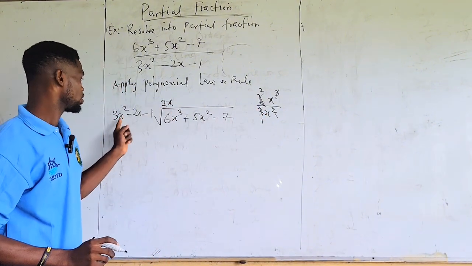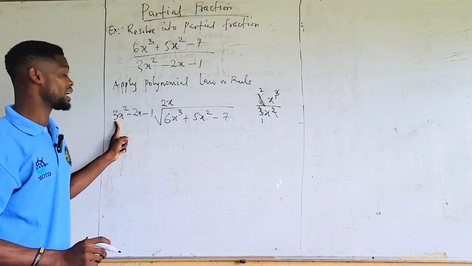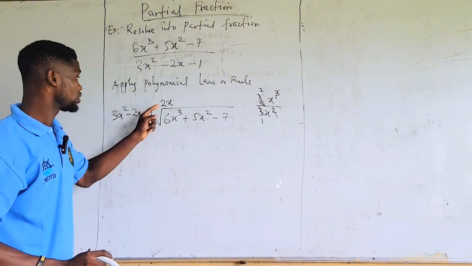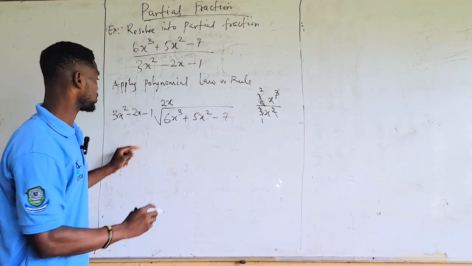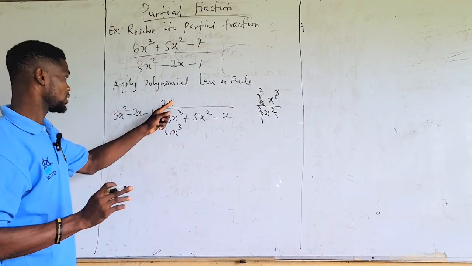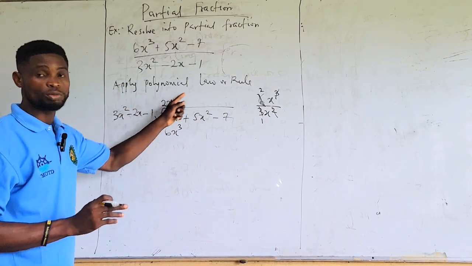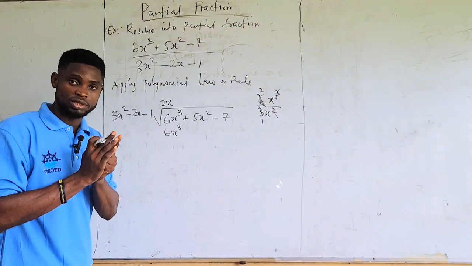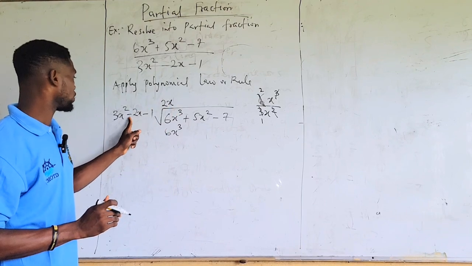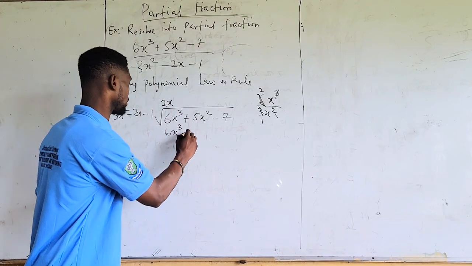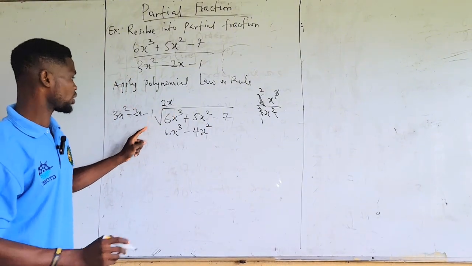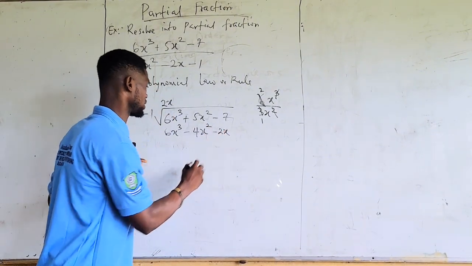You use this 2x to multiply by 3x square, by minus 2x, and by minus 1. 2x multiplied by 3x square will give us 6x cubed. Why? Law of indices. This is power of 1 and this is power of 2, so when you multiply, you add the two powers, and you have 3. 2x multiplied by minus 2x will give us minus 4x square. 2x multiplied by minus 1 will give you minus 2x.